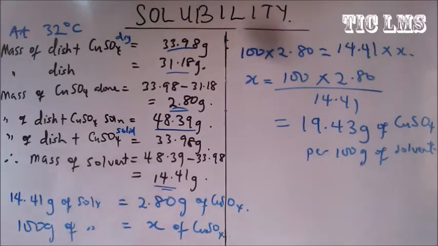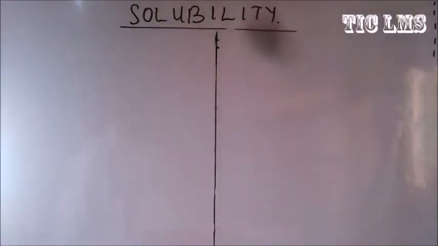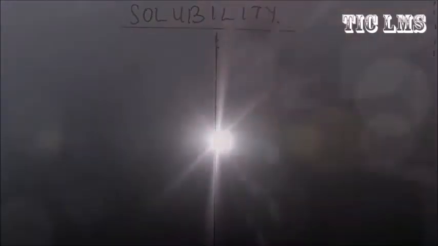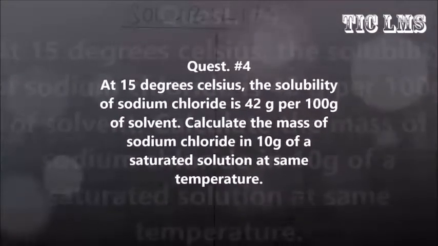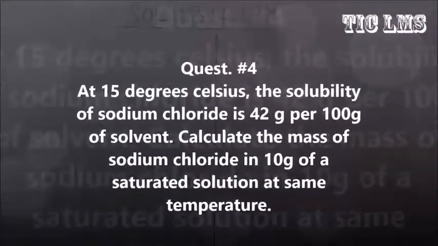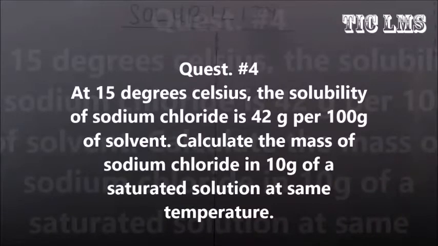Here's the next question, which says at 15 degrees Celsius, the solubility of sodium chloride is 42 gram per 100 gram of solvent. Calculate the mass of sodium chloride in 10 gram of a saturated solution at the same temperature.